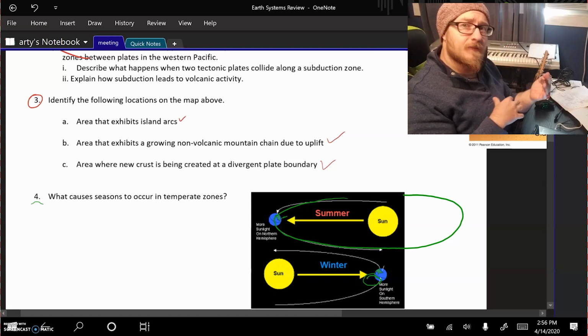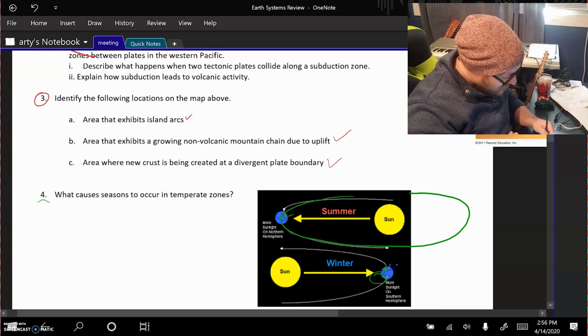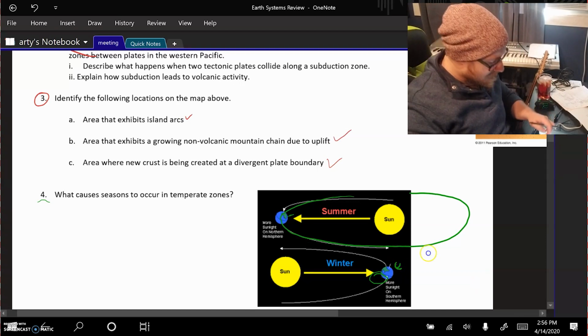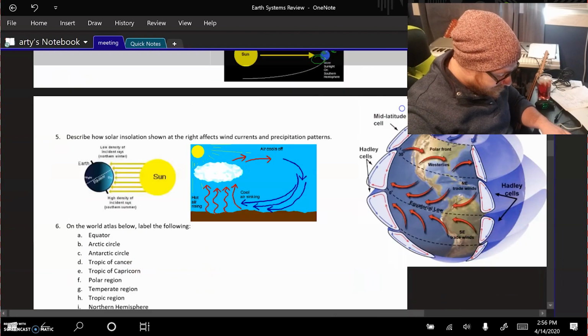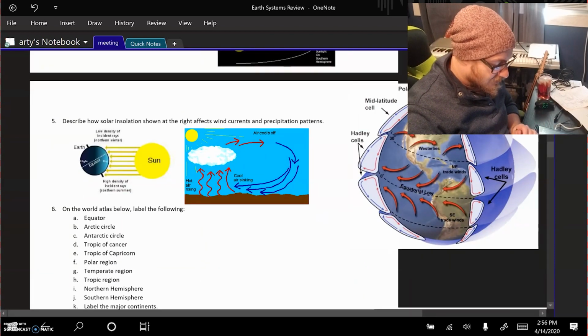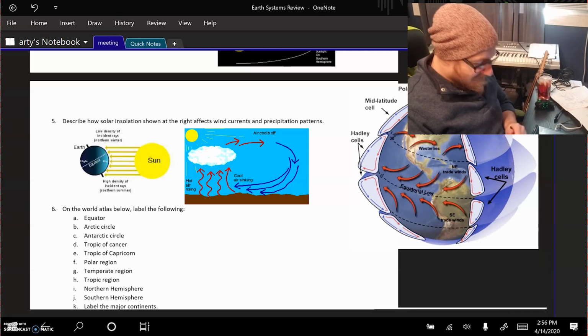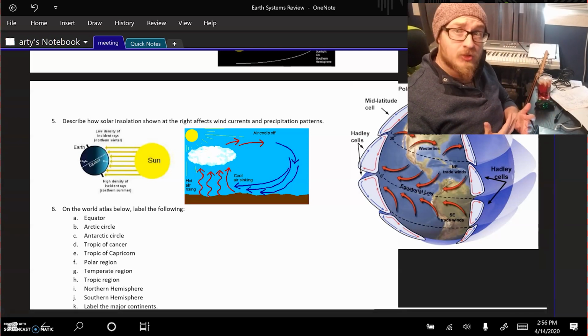The northern hemisphere is getting less sun, so here we have winter. That's what causes seasons. Moving onward, it asks you to explain how solar insolation affects wind patterns and precipitation patterns.